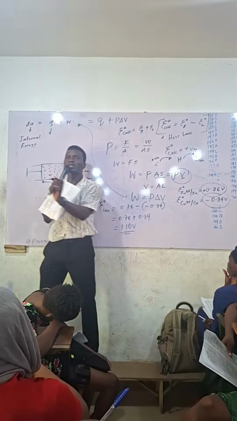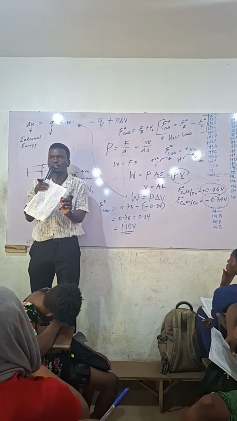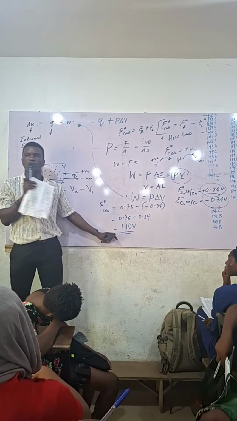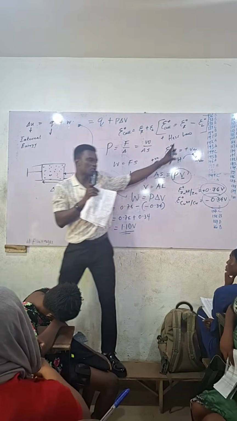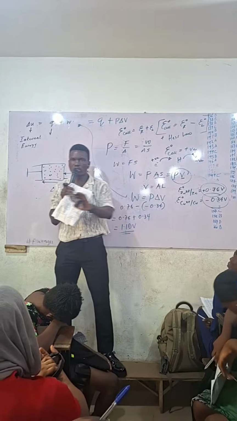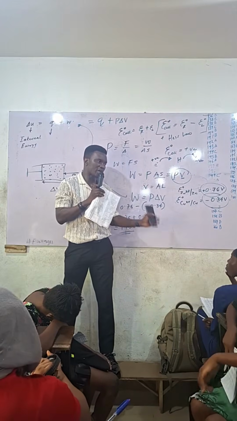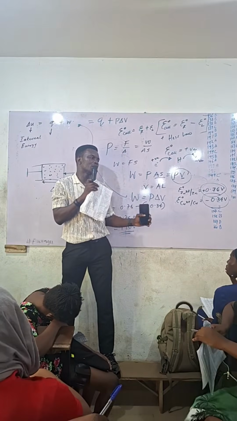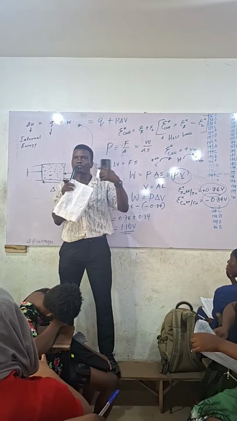So in some contexts, the sum will be correct. In other contexts, the difference will be correct. Be flexible. Sometimes in the exam, the examiner will tell you which one they are thinking about.